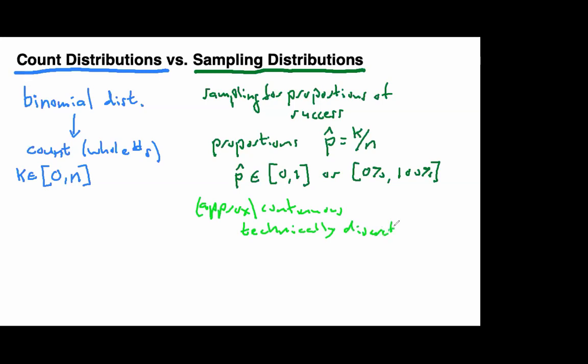In fact, I can even tell you the discrete unit would actually be 1 over n, because that's how the value p can change. But as a consequence, because it's approximately continuous, a lot of the times we can take advantage of the fact that we can use the normal approximation here.